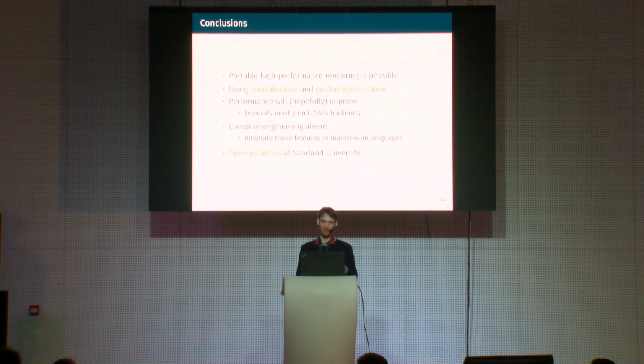The performance gap we have with the LLVM-based compiled version of Embree is mostly due to the quality of the code that LLVM generates. We're working on that, so it will hopefully improve. Also, it depends on the quality of the backend, which is not really our responsibility because we don't directly work on LLVM. And so here it's mostly, over time, the quality of LLVM improving.